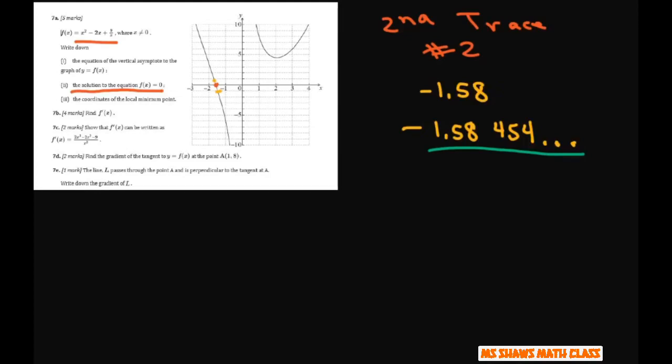All right. And then find the coordinates of the minimum. So here's your minimum value somewhere in there. You're going to do second trace, but then you're going to calculate the minimum.